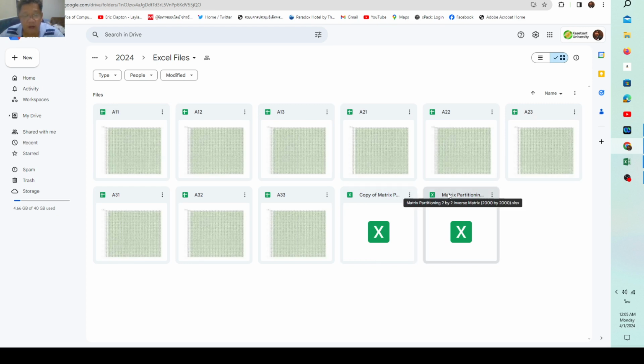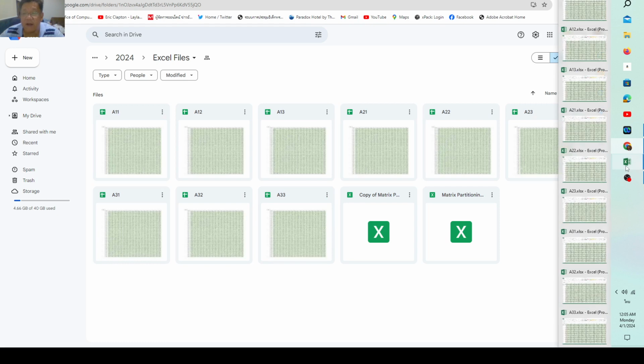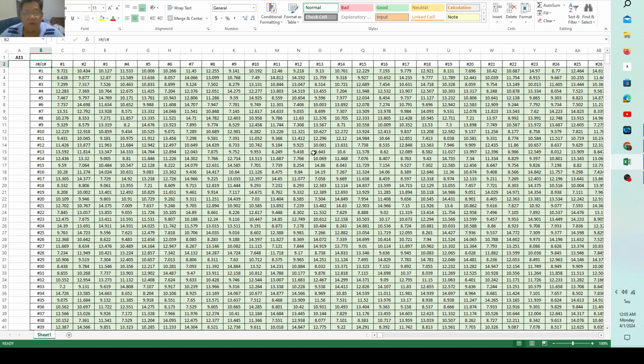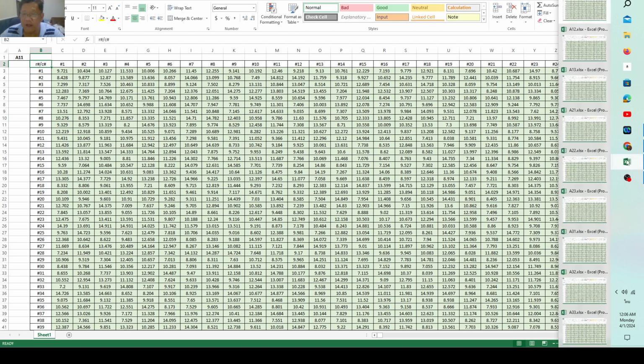But for these two files, we put all the submatrices in only one Excel file, stored in different sheets. But for this one, I just put the submatrices in each of these separate Excel or Google Sheet files. And I have already loaded this file, simultaneously, 9 files all together here, if you can see.